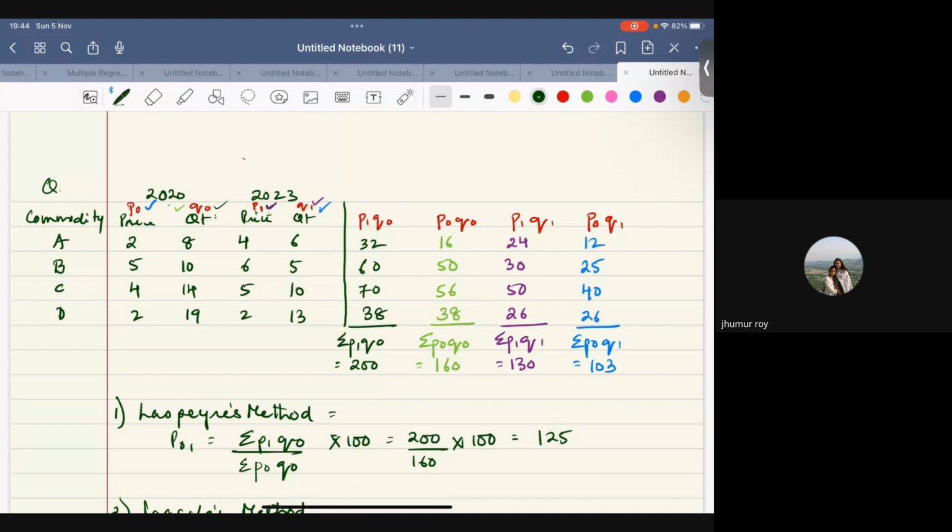Suppose we say that no, we should take 2023 as the base year period, that means P0 and Q0, and 2020 as the new period. I want to find out the index number for that other period. Will the index still work or not? That is called the time reversal test. So it means that you will change the numbering of the time.